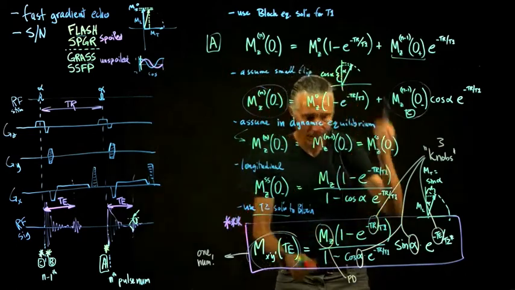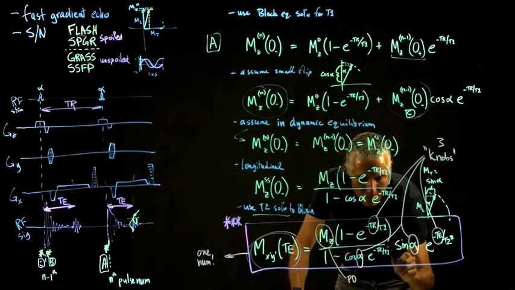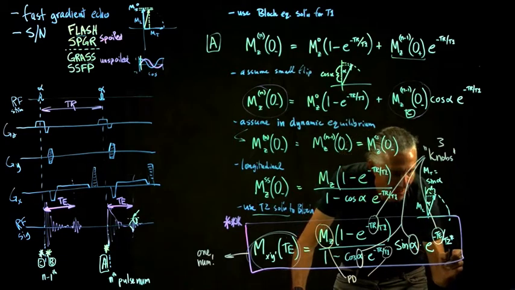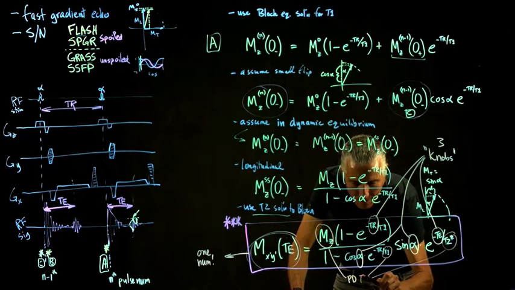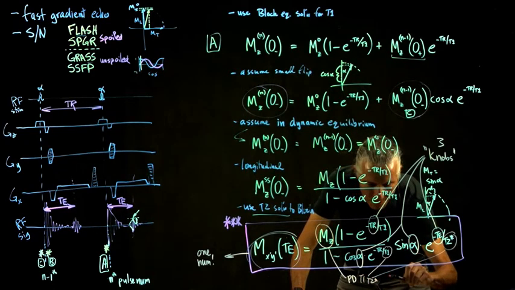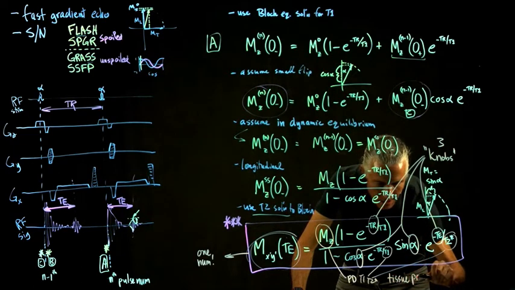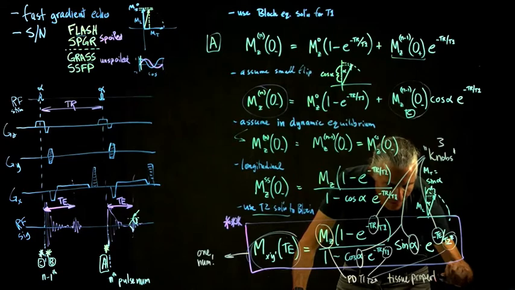And then we've got the T1, and then we've got the T2 star. So these are tissue properties which we're trying to image.